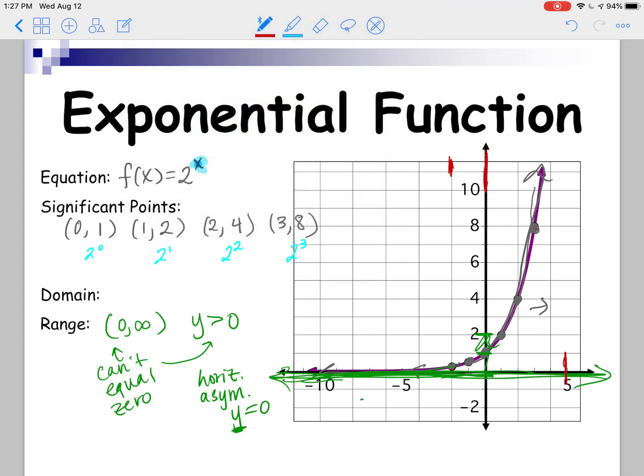The domain is again all real numbers because we can have any possible value for x. This function goes forever to the left and forever to the right. It looks like it gets cut off and has a vertical asymptote, but it does not. It is just a very steep function, but it does keep going to the right forever.